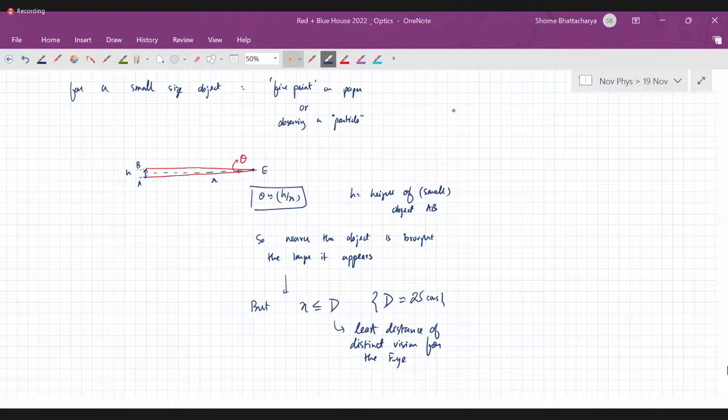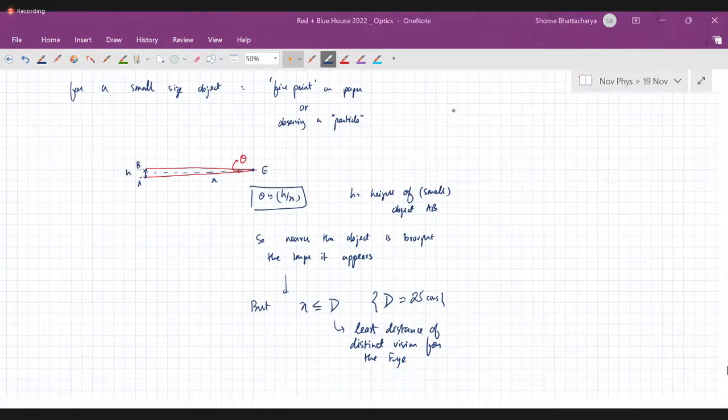So if we bring an object nearer and nearer, it will appear to be larger. But if we bring it nearer than capital D, then even though we'll see it as a larger object in terms of angular size, we will not be able to resolve the image in our retina properly. So ultimately, it's of no use bringing it that close.